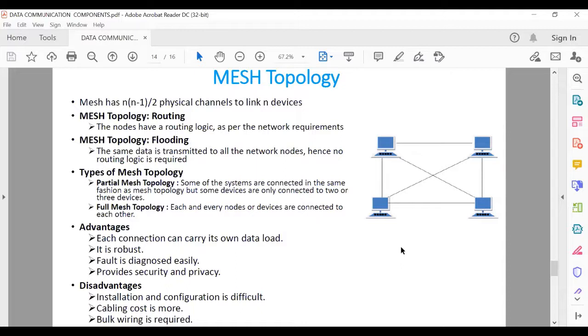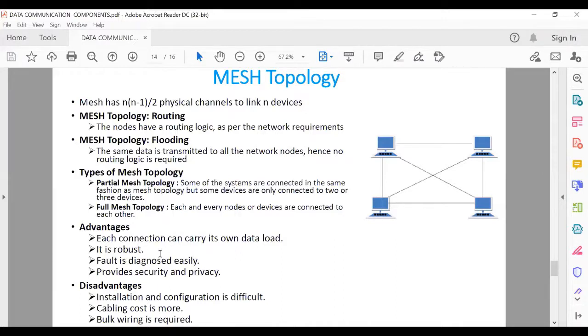So here in mesh topology, these are fully connected to each other. It is robust, so it can be used according to your requirement, either in the shortest way to reach the receiving point or in the normal way. Advantages are there, like each connection can carry its own data load.